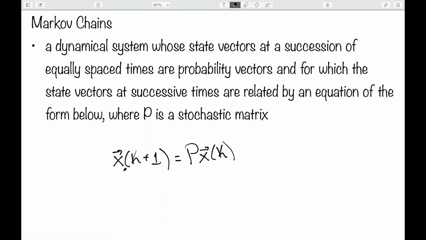So we need x k plus 1 to be equal to P x k, where P is a stochastic matrix. And the entries of this matrix, Pij, is the probability that the system will be in state i at time k plus 1 if it is in state j at time t equal to k. And this matrix P is called the transition matrix.